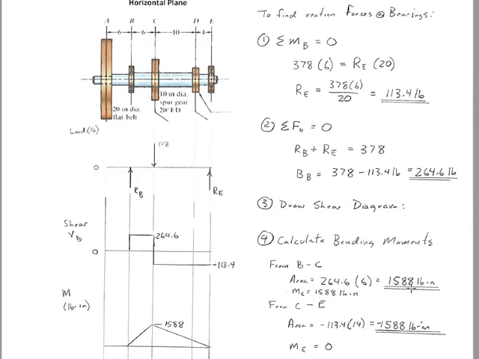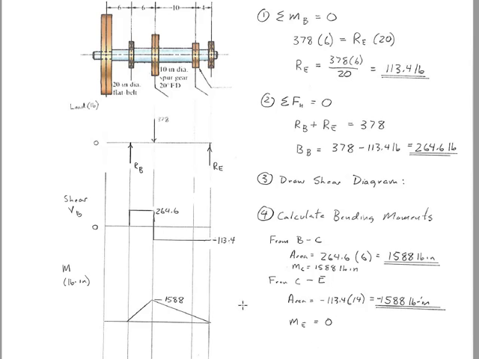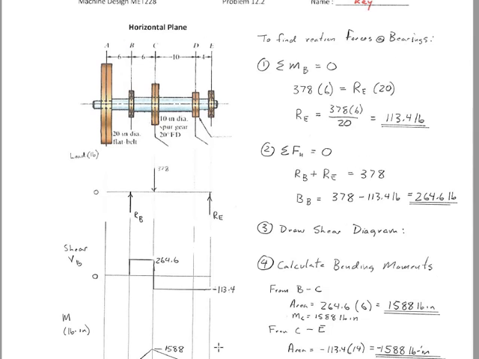That means the moment at point C is 1,588 inch-pounds. And then from C to E, I have a negative 1,588, and that concludes my shear and bending moment diagram for the horizontal plane.